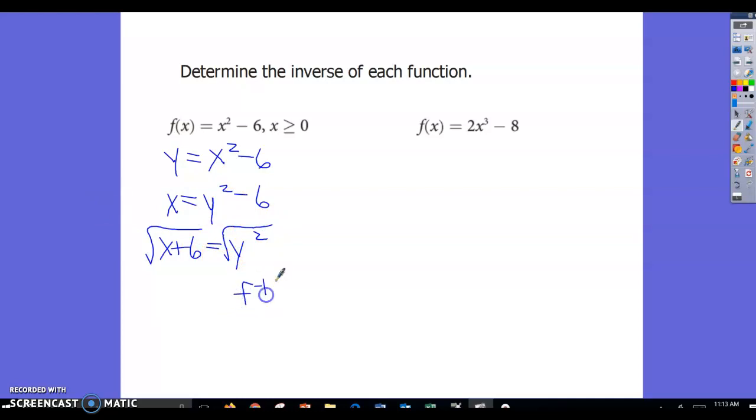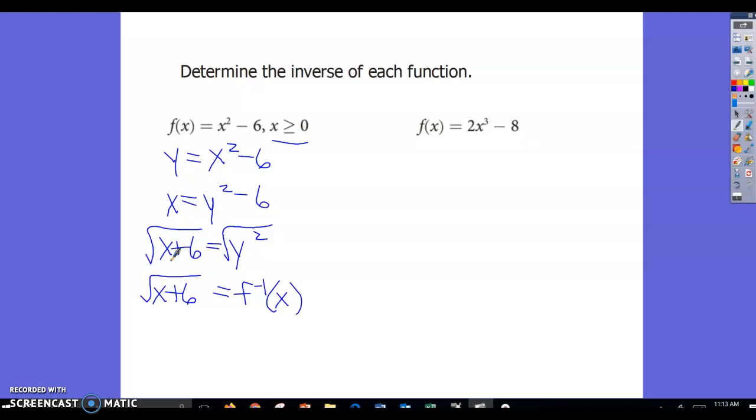So f inverse of x equals the positive square root of x plus 6. Remember in the past when we took the square root, we did a plus or minus, but you don't have to when you've got a restriction on the domain. You're just looking at the positive side of that.